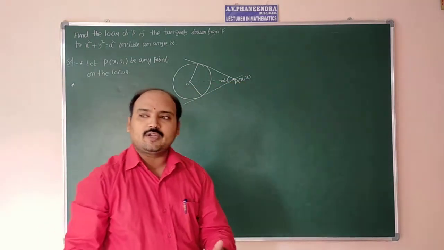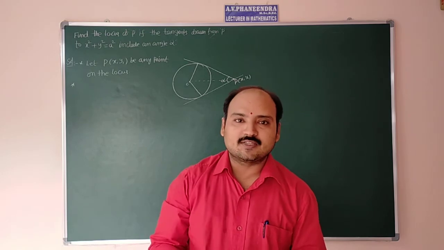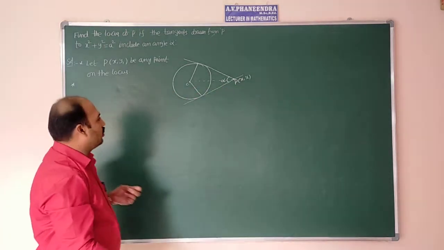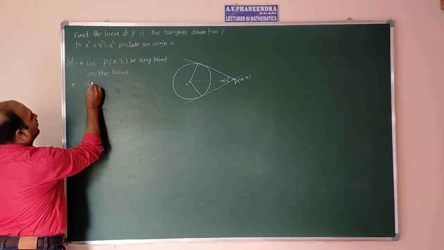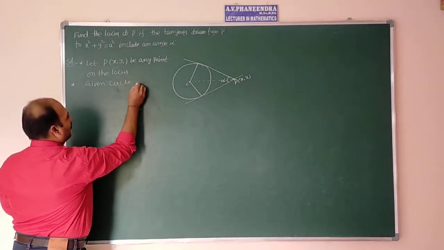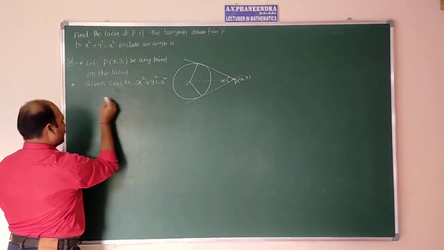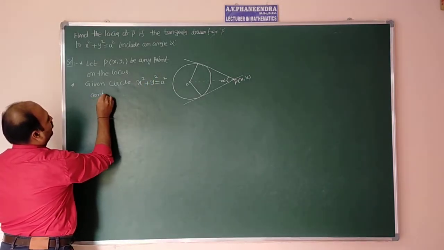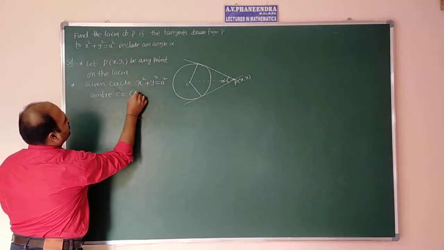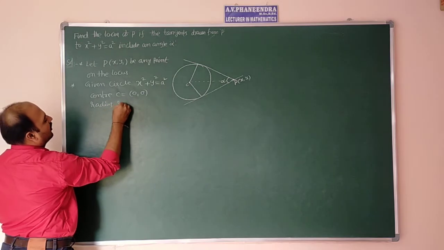So before going to write this formula, you have to write the given circle and center, radius. So given circle x square plus y square equal to a square, center C equal to 0 comma 0, radius r equal to a.